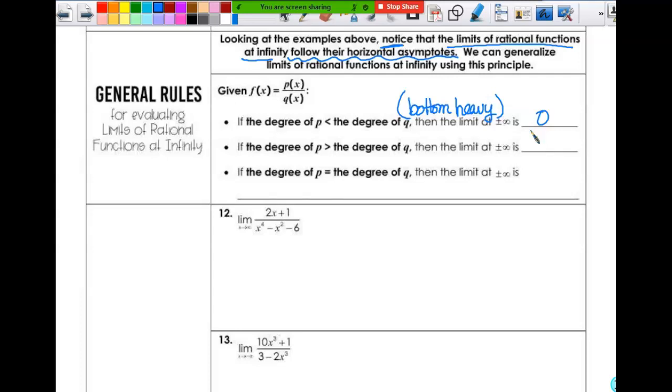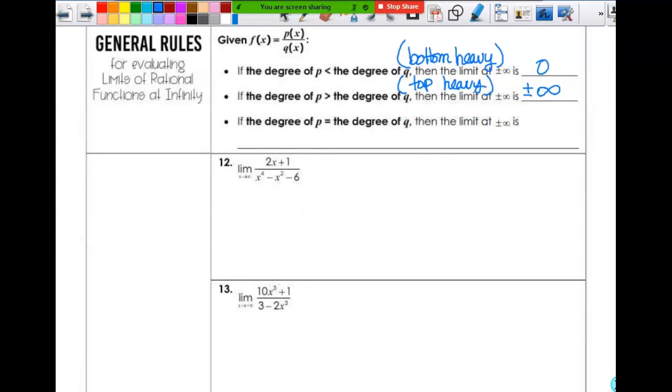Okay? And then if the degree of p is greater than the degree of q, that makes it top heavy. That meant we didn't have an asymptote. So if I don't have an asymptote, if I don't have something stopping it, then the limit is plus or minus infinity, depending on the function.